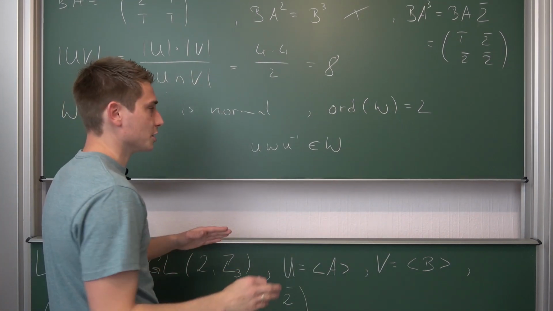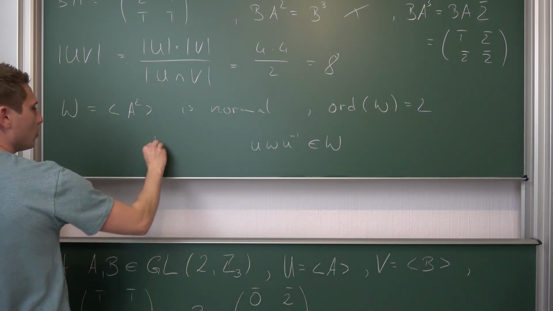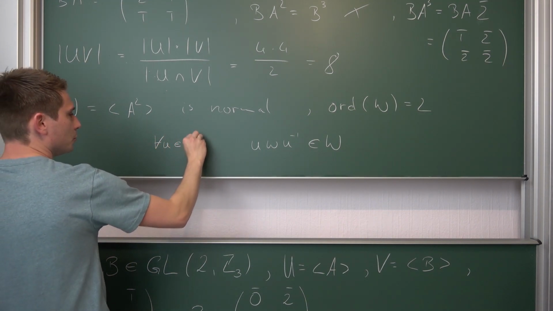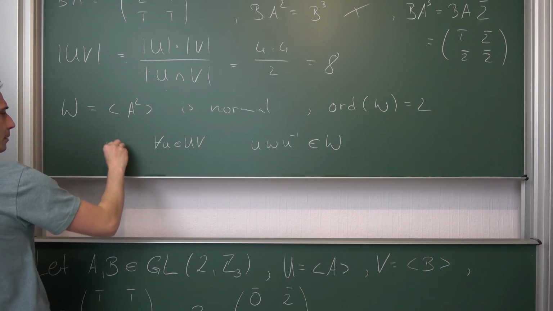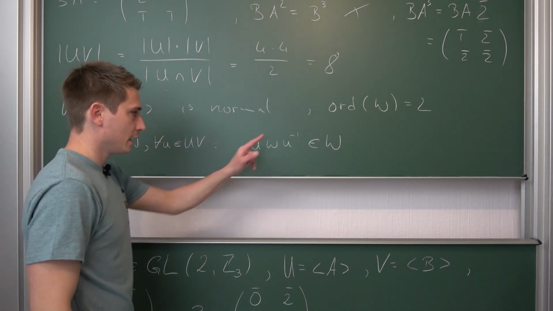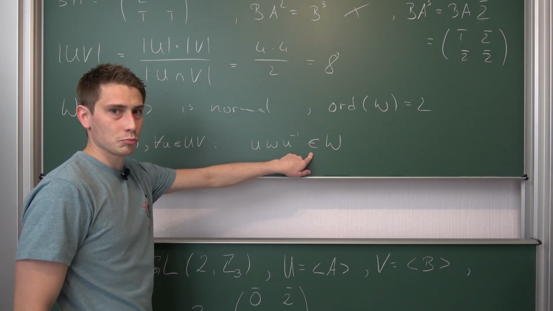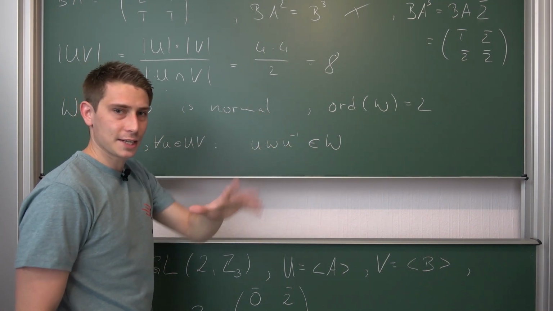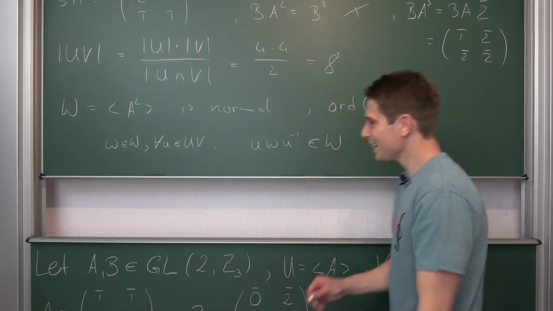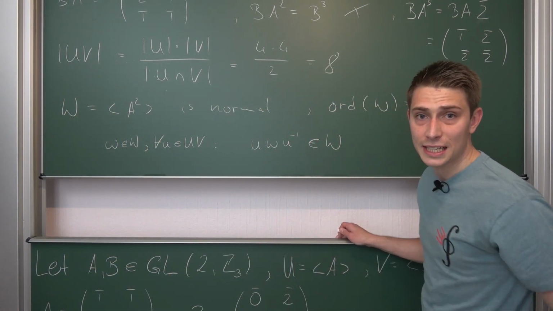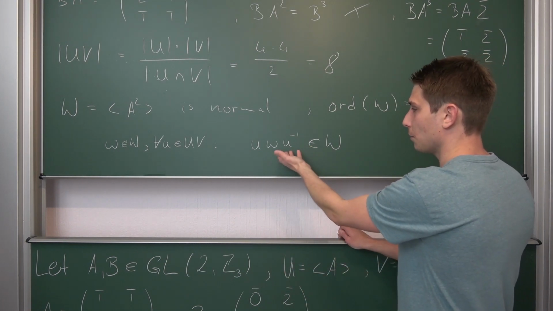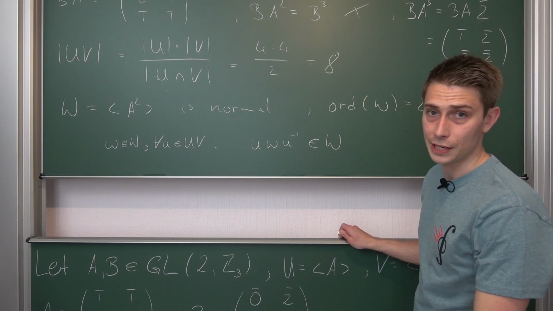Maybe there's an annotation there. And this holds for all u in UV and for all w in W. I hope this is correct. This should be correct. If not, there's going to be an annotation. We are just going to show this directly by taking a look at the 2 elements, put them in here, and see if this actually holds for all the elements in our UV here.